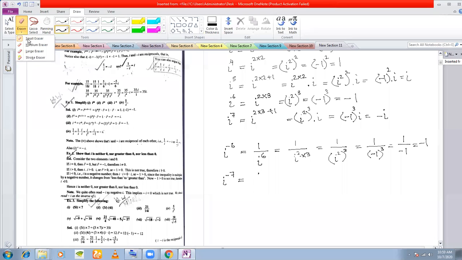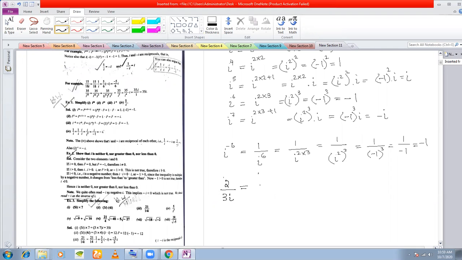But before I to the power of minus 7, let me show you one more example. What if I is in the denominator? Suppose I have 2 by 3i. How do we deal with this? In the denominator, if I have I, I can take it to the numerator. How do I take it to the numerator?